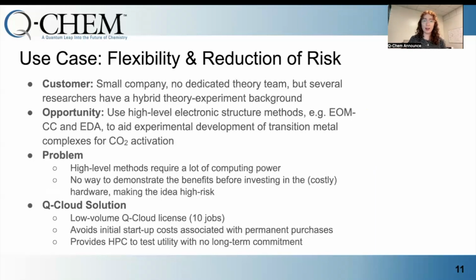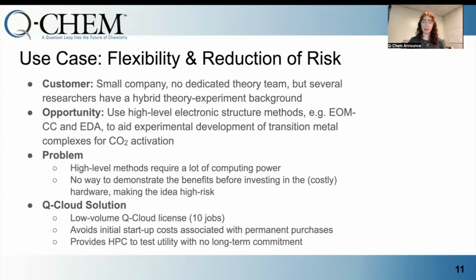The second use case is a risk reduction scenario. Let's say there's a small company that doesn't have a dedicated theory team, but a couple of researchers have a hybrid theory-experiment background, and they want to start incorporating a couple of calculations into their experimental work to help validate and understand their experimental results a little better.